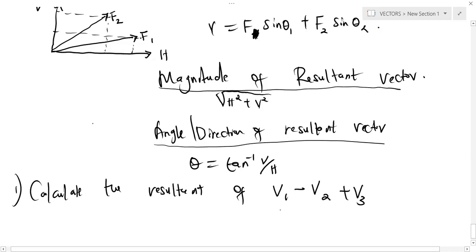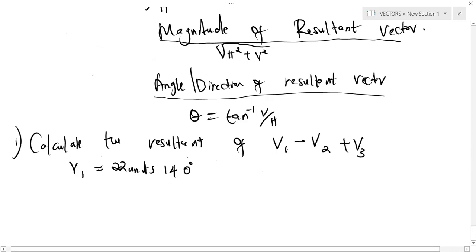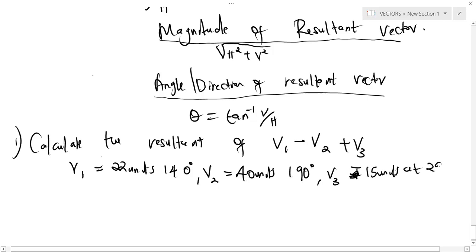These are three vectors where v1 is equal to 22 units at 140 degrees, v2 is equal to 40 units at 190 degrees, and finally v3 is equal to 15 units at 290 degrees.